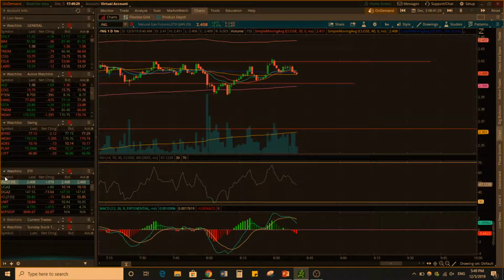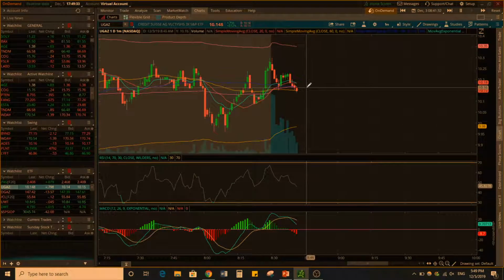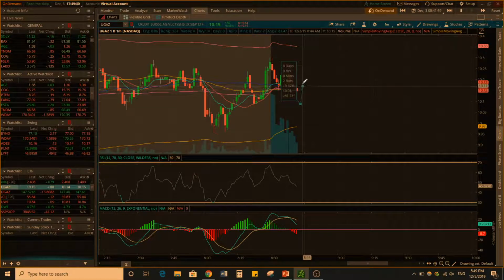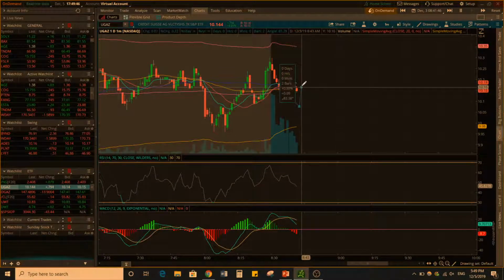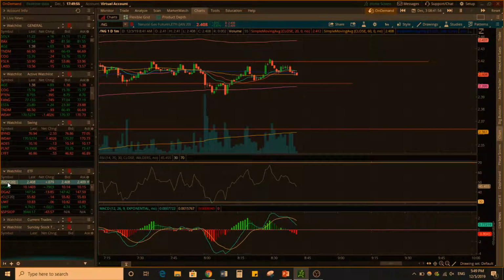That corresponds on UGAS to about, let's see here, if it goes down here again and goes back up, yep, that's about 1%. Not the greatest. Maybe about 1.18, not the best though, but we'll see what happens.